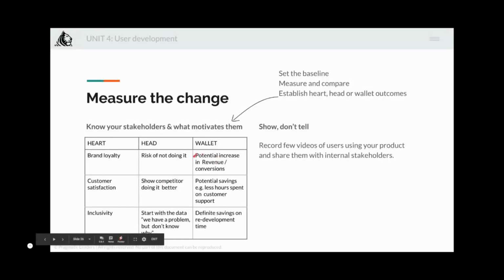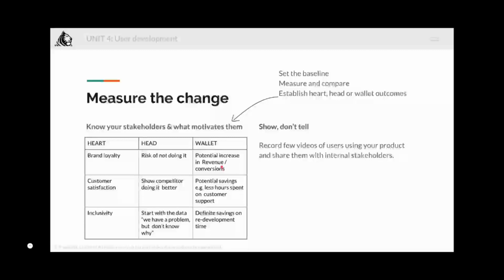Similarly, potential increase in revenue, correct? So you do this, you figure out the outcomes of this entire exercise so that you can convince the other stakeholders, whether it's business stakeholders or developers or designers, whom you want to showcase that, see, if we do this small tweak, this is the outcome that we can achieve.